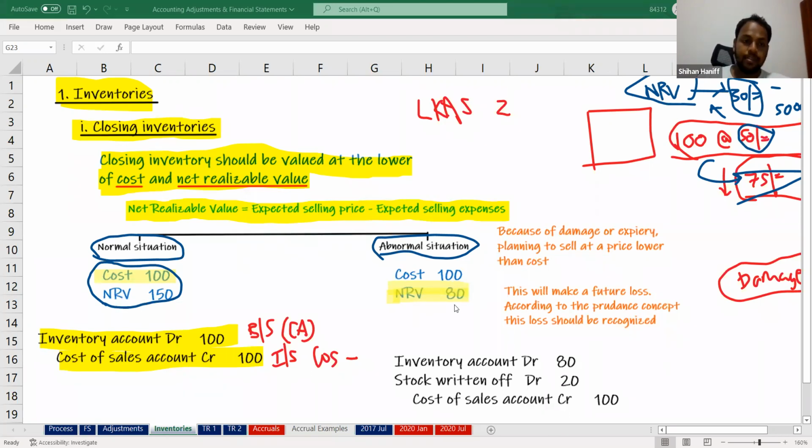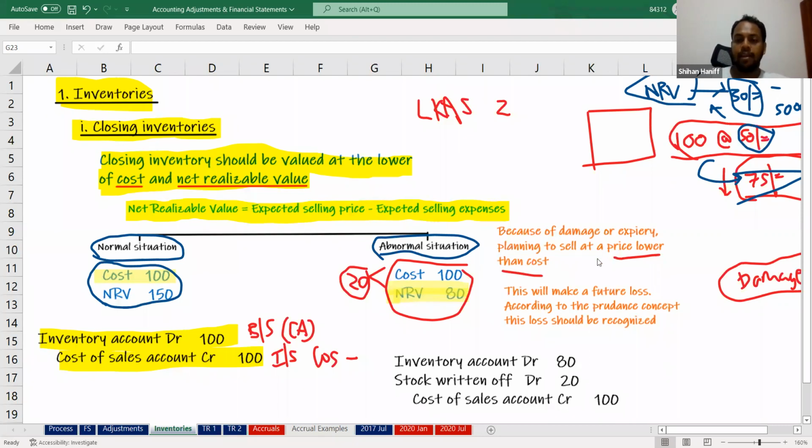Then the second scenario: NRV is less. What do I mean by less? You buy at 100, but you are planning to sell at 80. So there is an expected loss of 20. Because of damage or expiry, you are planning to sell at a price lower than the cost.